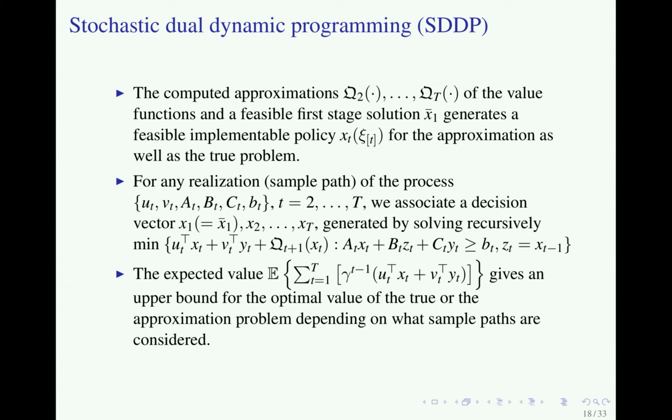So for almost all realizations of the process, we can actually associate a decision vector by solving a sequence of subproblems recursively with those value functions approximated by the obtained cutting planes. So by the complete recourse condition, those problems are always feasible. All right. So that's how we get a policy for the true problem.